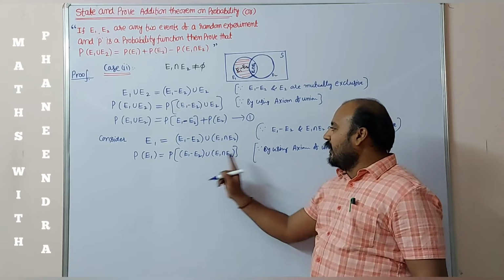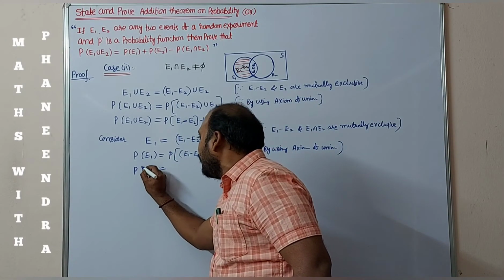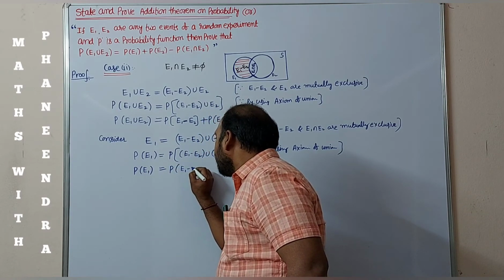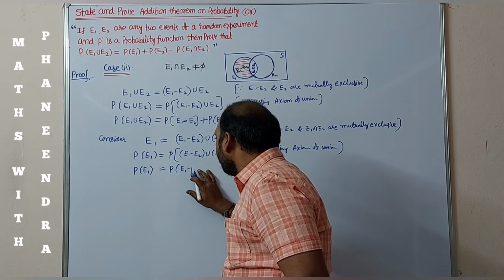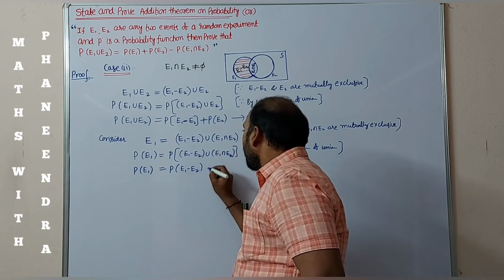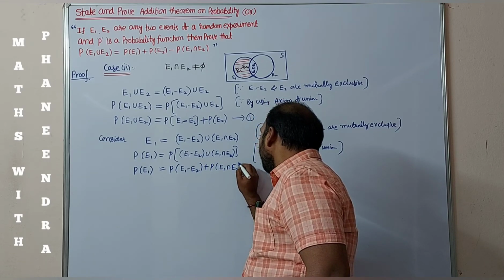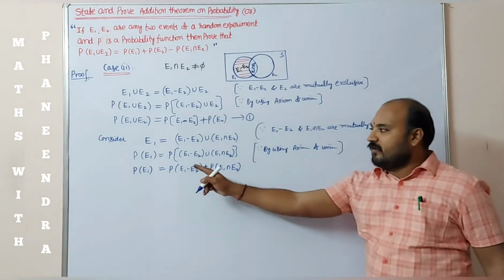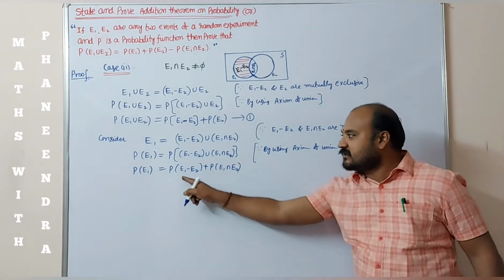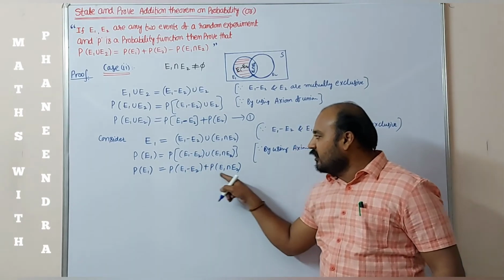This can be expressed as P of E1 is equal to P of E1 minus E2 plus P of E1 intersection E2.